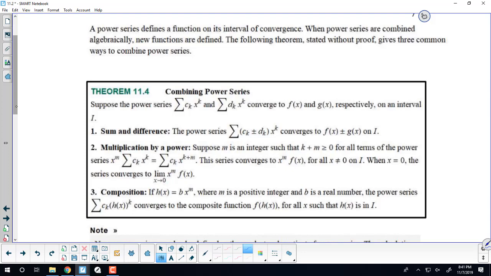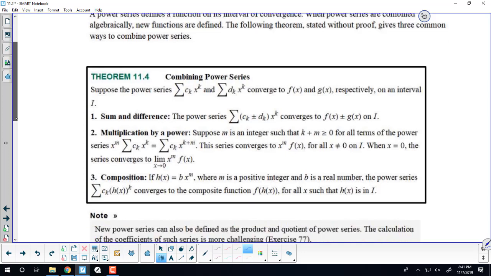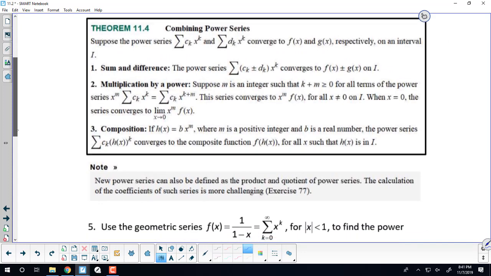The idea of this theorem here, and in some examples that follow, is that we can combine power series. So we've got a convergent power series and multiply it by another convergent power series, or we add 2 convergent power series together, or we compose a power series with a different function. What will those converge to, and what are the conditions of convergence when we start manipulating these power series?